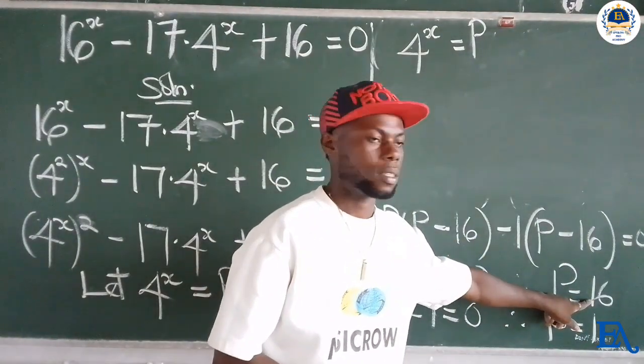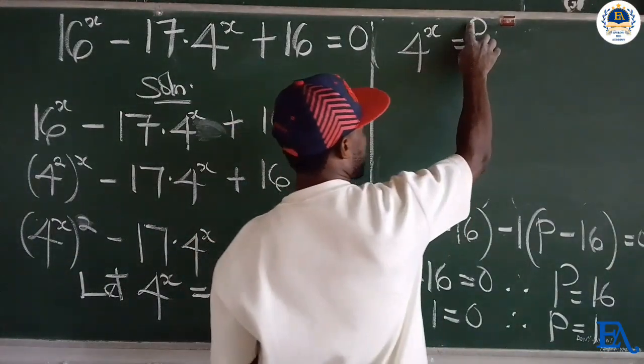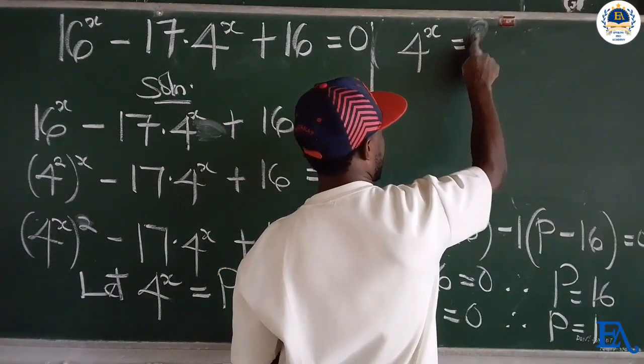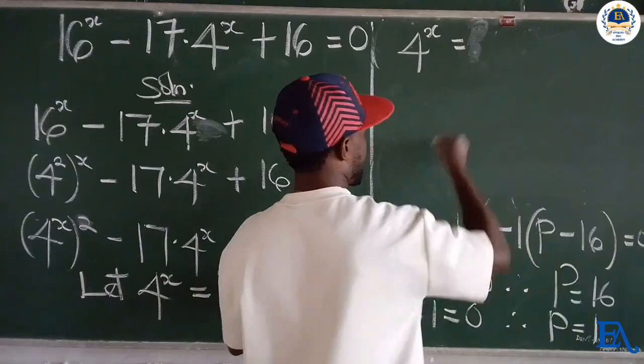Do you understand? So that becomes 4 raised to the power of x is equal to 16.